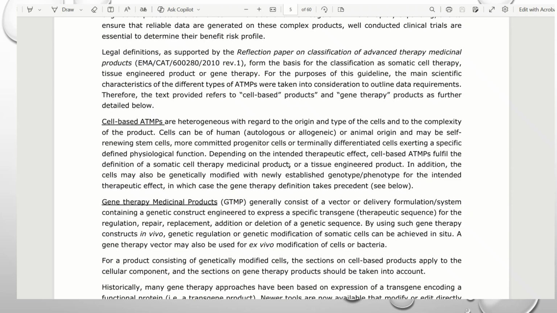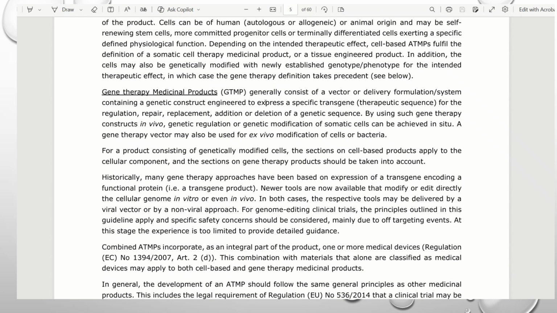They are genetically modified cells that have an immunogenic and therapeutic strategy. In addition, the cells may be genetically modified, which they are, with newly established genotypes and phenotypes. These are applicable for the intended therapeutic effect, in which case the gene therapy definition takes precedence.